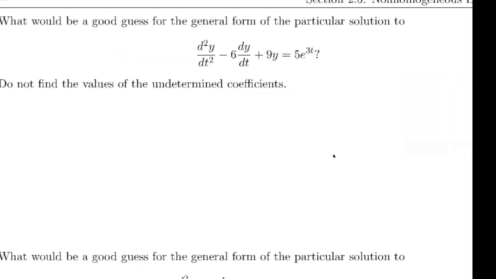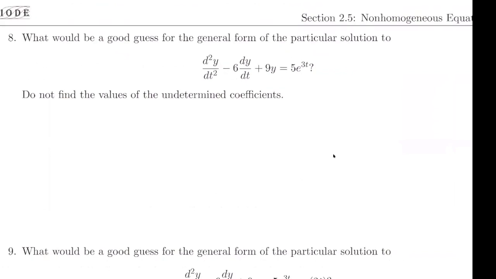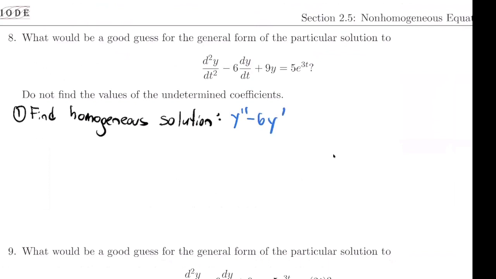So if we're working on question number 8, the first thing to do, because we're going to need to identify whether or not we have resonance, is to find the homogeneous solution, which in this case would be the solution to y double prime minus 6y prime plus 9y equals 0.